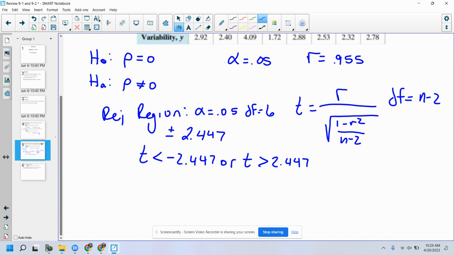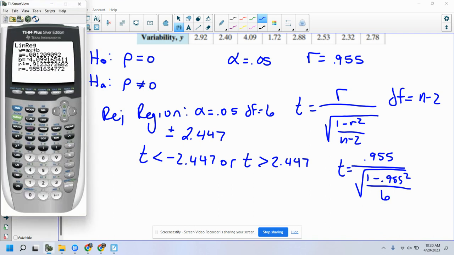Let's see what t actually is. Again, t is equivalent to that r value, 0.955, divided by the square root of 1 minus 0.955 squared over n minus 2, which in this case is 6. Let's run that value. I'm going to go in the bottom first. 1 minus 0.955 squared. Divide that by 6. Square root it. And I've got 0.955 divided by that.